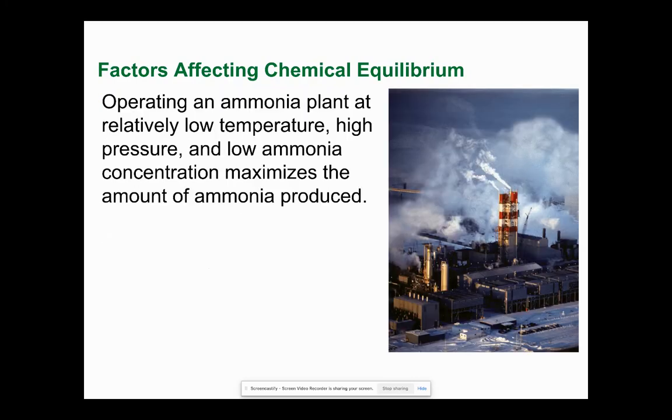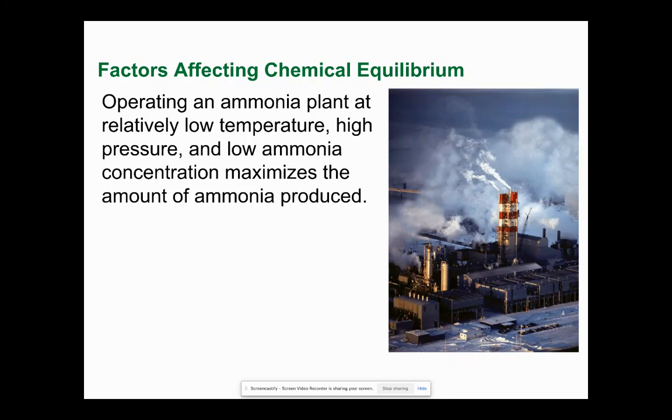Okay. Operating an ammonia plant at relatively low temperature and high pressure, the low ammonia concentration maximizes the amount of ammonia produced. So when you make ammonia, it tends to want to reach a state of equilibrium. But if you want to maximize the amount of ammonia, you kind of force the reaction through utilizing a lower temperature, higher pressure, and low ammonia concentrations.